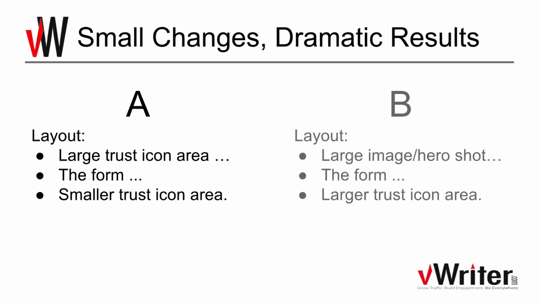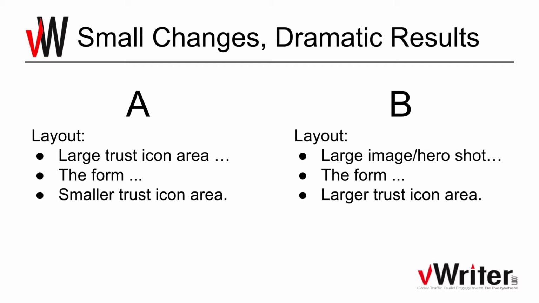And the other version of the page, similar with the form in the middle, but instead of the large trust icon area at the top, they had a large image or a hero shot at the top of the page. And instead, they had a larger trust icon area towards the bottom. So on page A, we have a smaller trust icon area at the bottom.